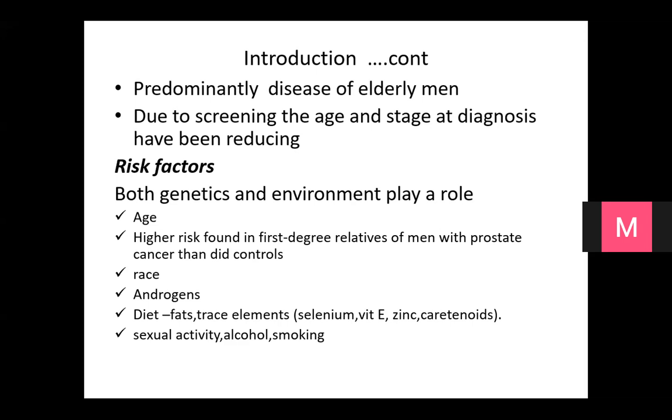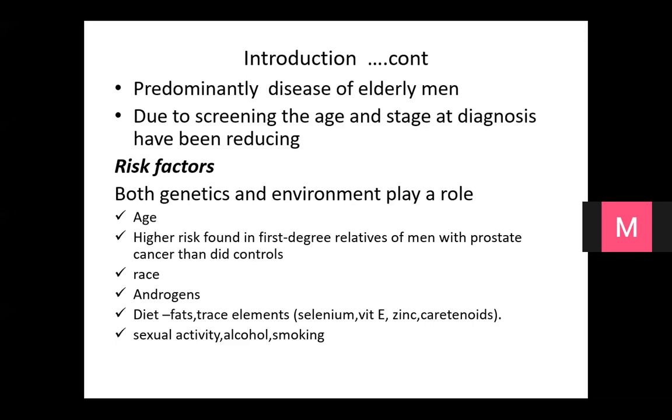But more recently, another aspect of sexual activity has come out, and I'm sure some of you have met the research that shows that if someone ejaculates 21 times a month, that protects them from prostate cancer.